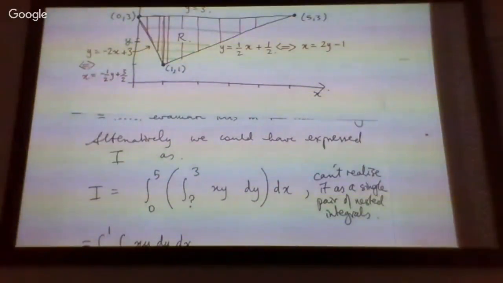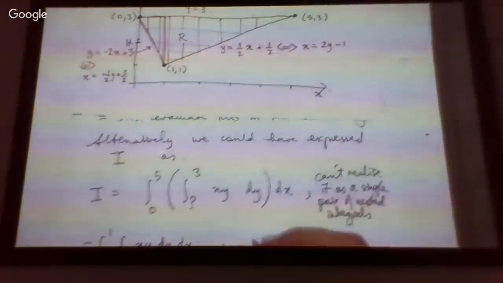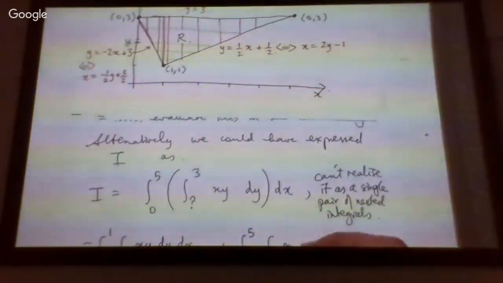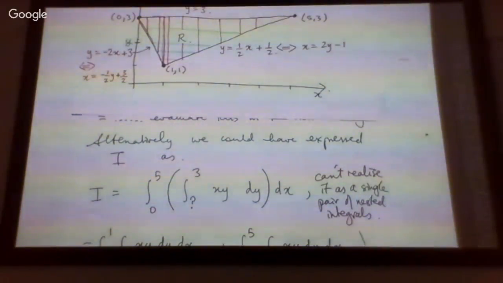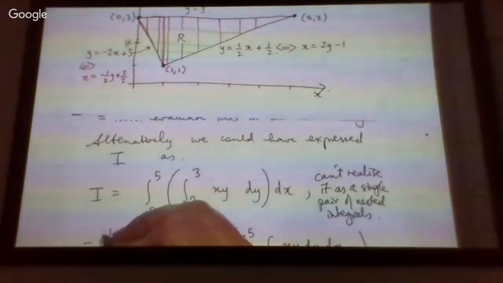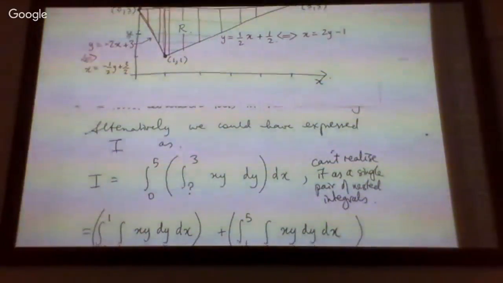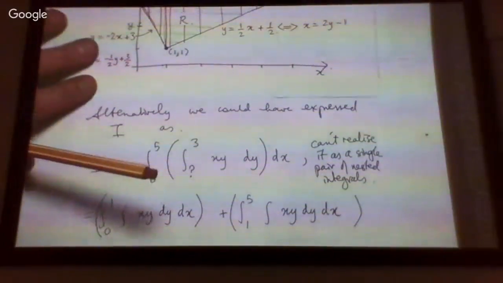And then separately, continue on from 1 up to 5, integrating xy, dy, dx. So we now need 2 pairs of nested integrals.